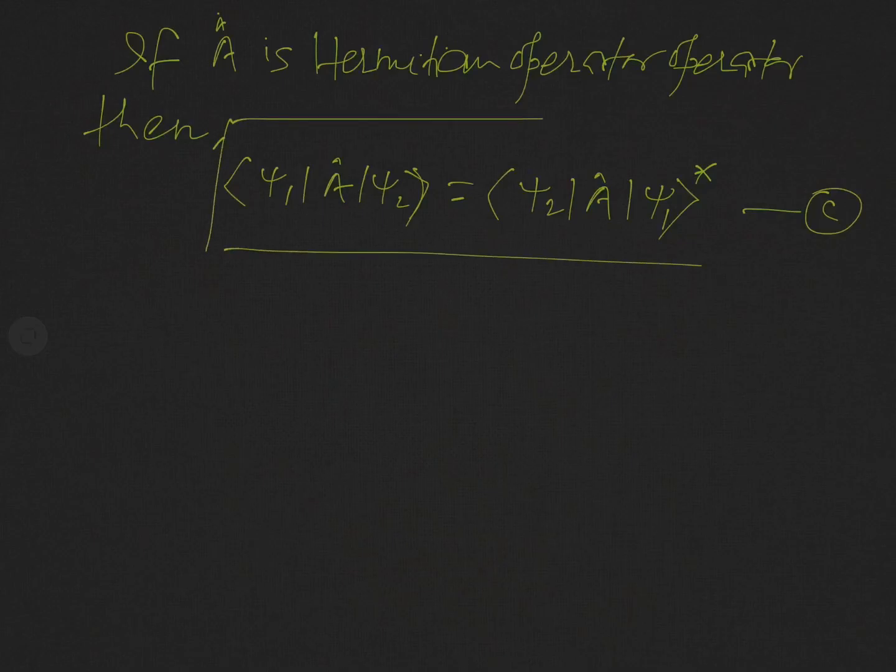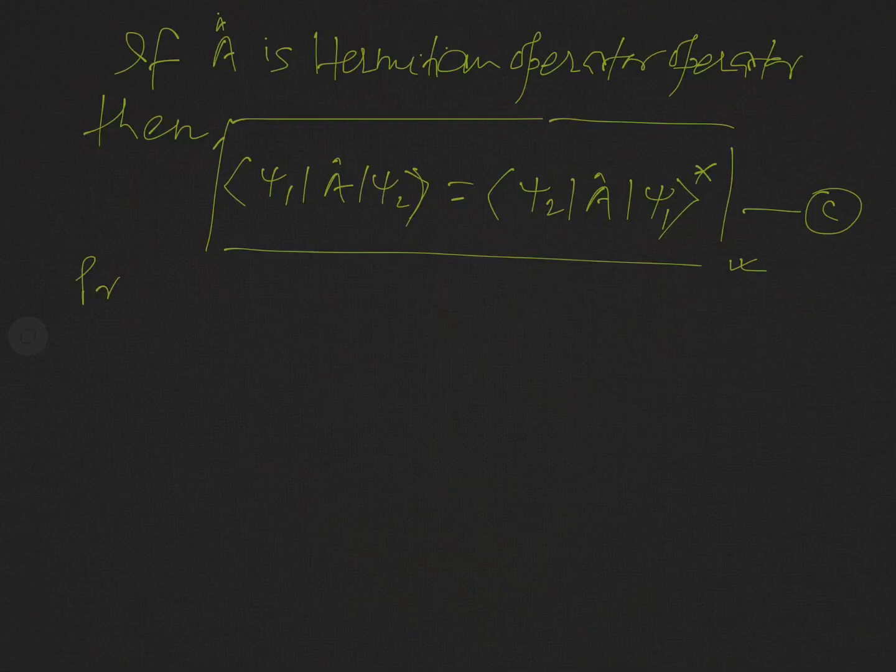And you will see when we have to check whether a given operator is Hermitian or not, we always check it. We find the LHS and RHS of this equation C, and if they are same, then we say that A is Hermitian. But how? Now we will prove this very important result.